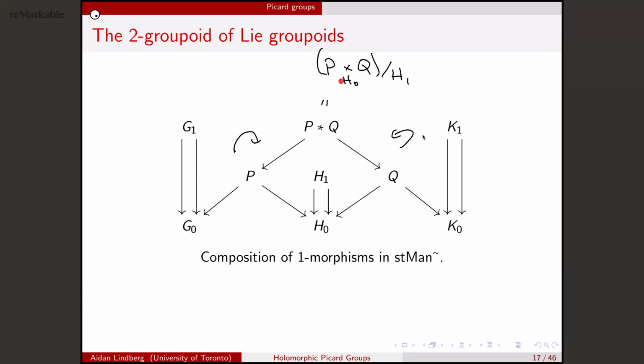But because of the principality assumptions, everything that you do here preserves the fact that you're still a smooth manifold. But yeah, H1 isn't a group. It's just a way of identifying points with one another.